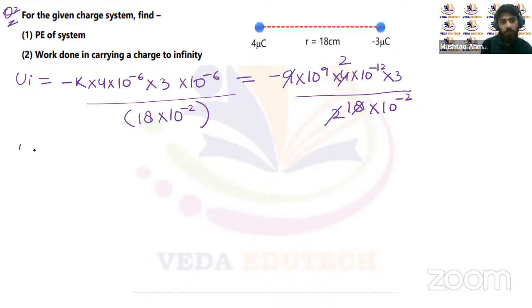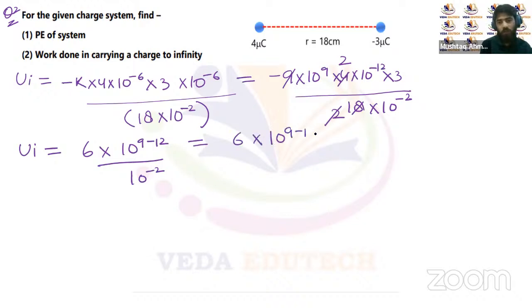So it means the initial potential energy will be equal to 3 into 2, which is 6, into 10 to the power 9 minus 12 upon 10 to the power minus 2, right? So we'll be left with 6 into 10 to the power 9 minus 12 plus 2, that's equal to minus 1, so 6 into 10 to the power minus 1, right?